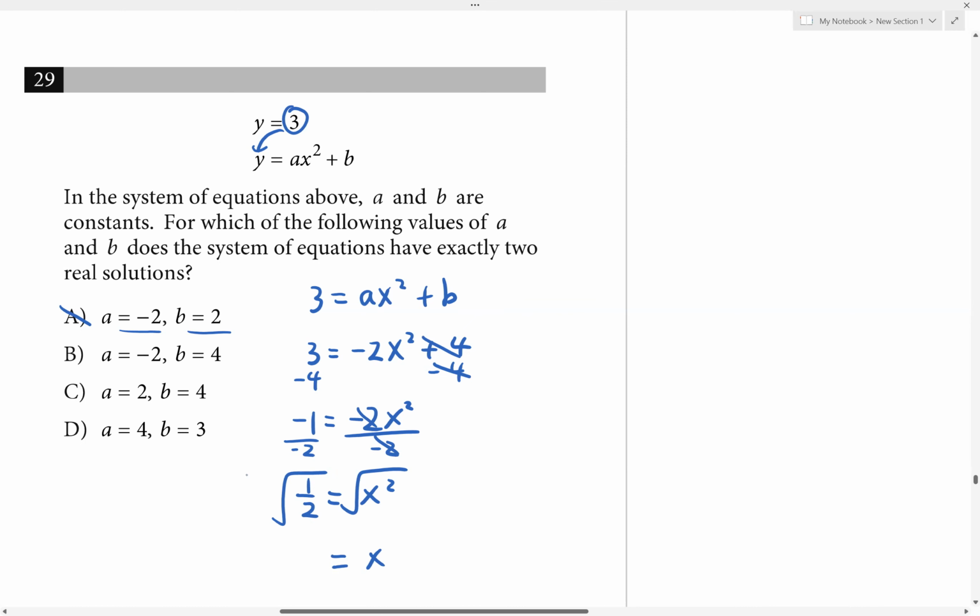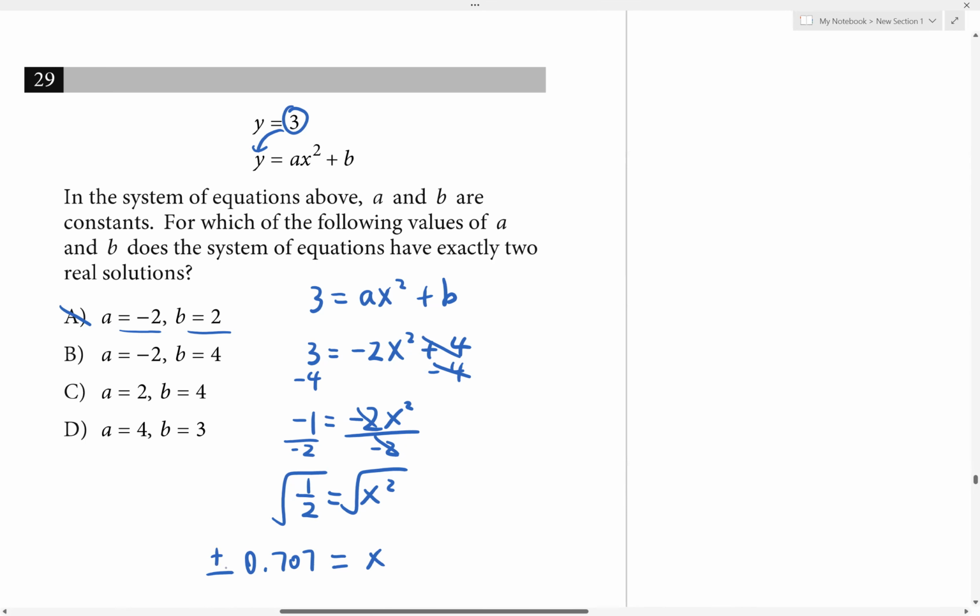It won't be a whole number, right? The square root of 1/2 in the calculator is approximately 0.707, but we know that's definitely a real number. Also, don't forget that when we solve the equation by taking the square root on both sides, we should always end up with two solutions.